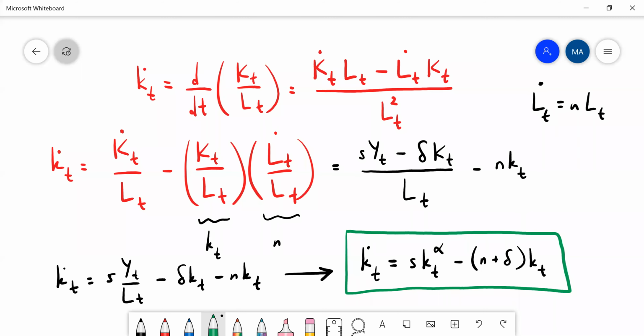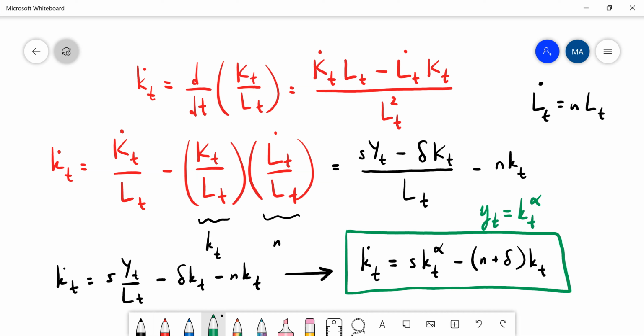So capital stock will grow as well. Okay? So the steady state, so this equation, of course, is coupled with this definition of GDP per worker. Okay? So I can do the same type of analysis.